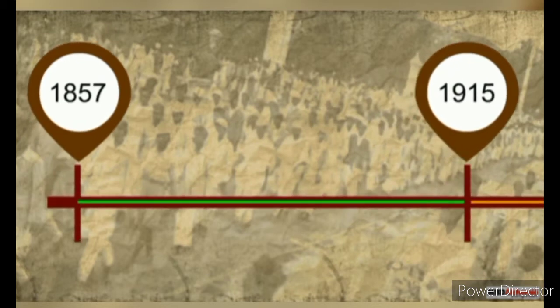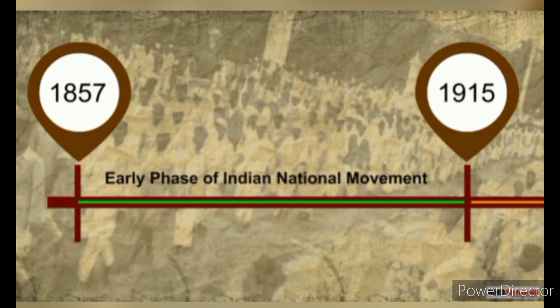Observe the series of events which took place during the early phase of Indian national movement from 1857 to 1915.